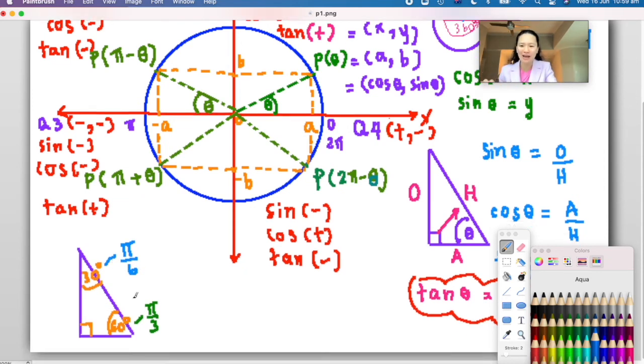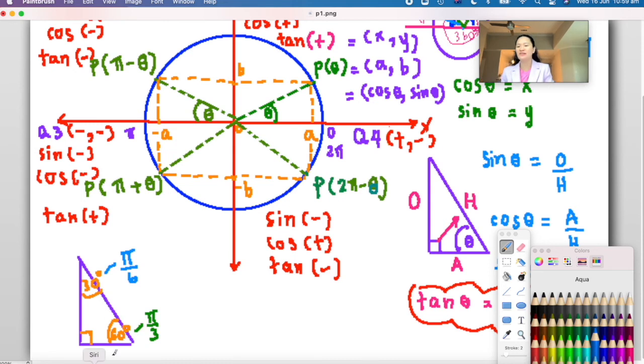But the main point that I would like to teach you, if you see something like this, you need to know that this side is 1 and another side is root 3, and the longest one equals 2. Okay, that makes sense.